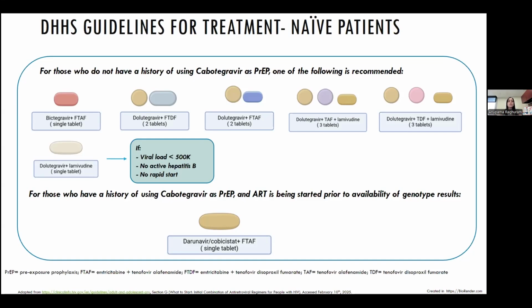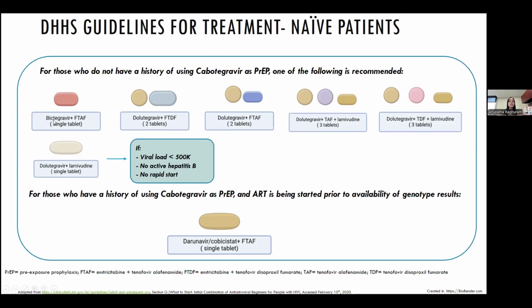right? So if that's the case, you are going to have to be sure that you have a good combination of medications that are able to be used. So if they never used cabotegravir before as PrEP, that concern with resistance is not there.